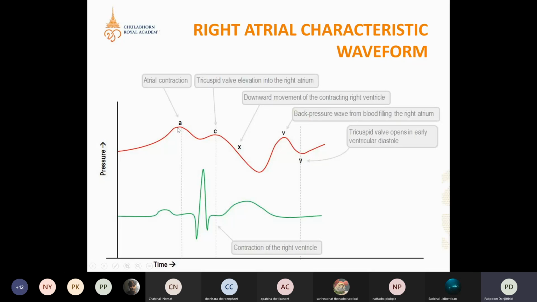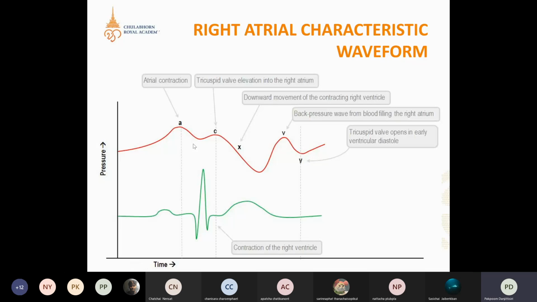After the volume and pressure inside the atrium from the atrial kick, the pressure will gradually decrease, and then the tricuspid valve will close over here at the end of the atrial contraction, right?